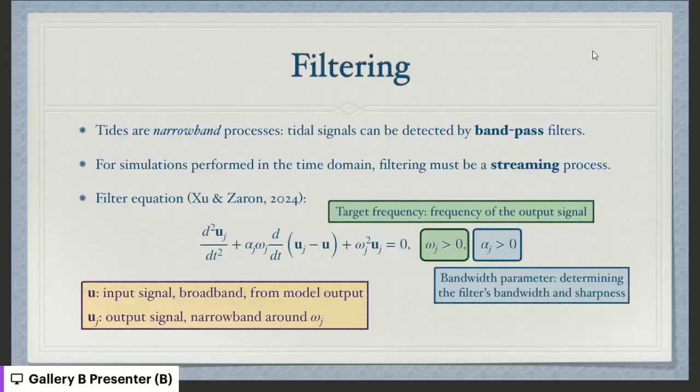So what it does is it takes the total velocity, which is broadband in the frequency spectrum, as its input, and then it will give you the tidal velocity as the output. So it sounds very simple, but why does it work?